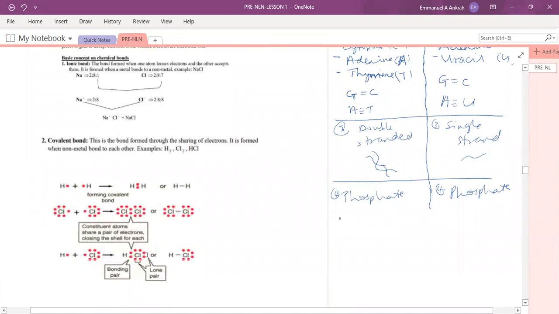So when you say a nucleotide, then we are talking about the phosphate plus the sugar, which is the ribose or deoxyribose, and then plus the nitrogen base.